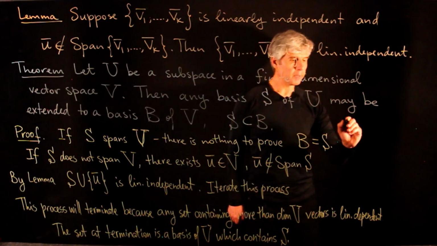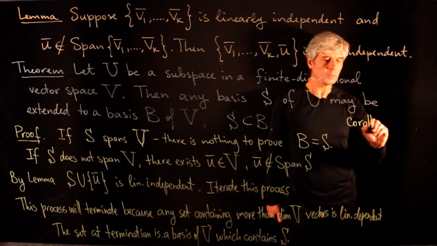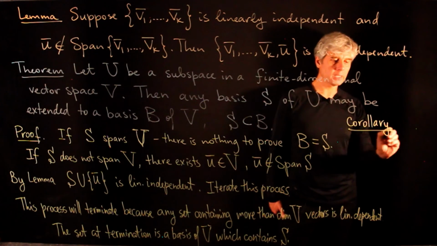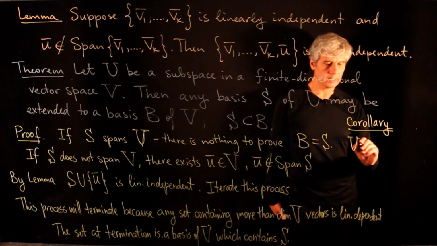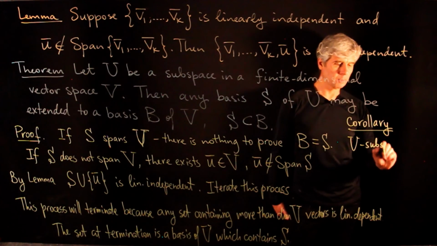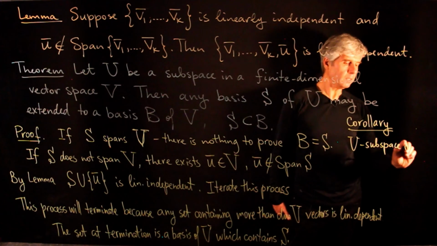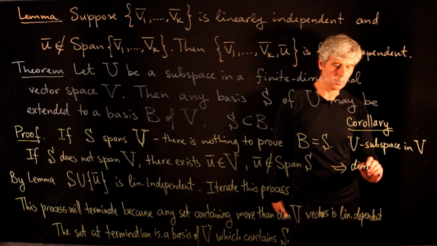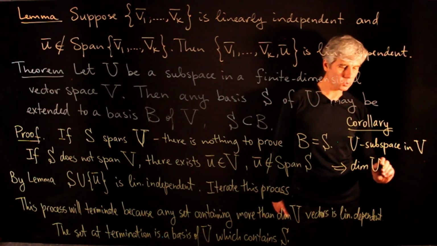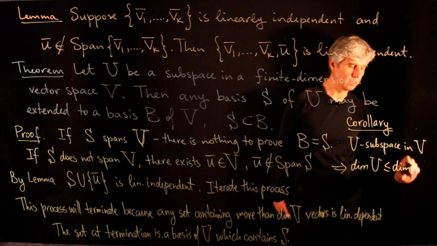And as a corollary of this theorem, we get that if U is a subspace in V, then the dimension of U is less than or equal to the dimension of V, right?